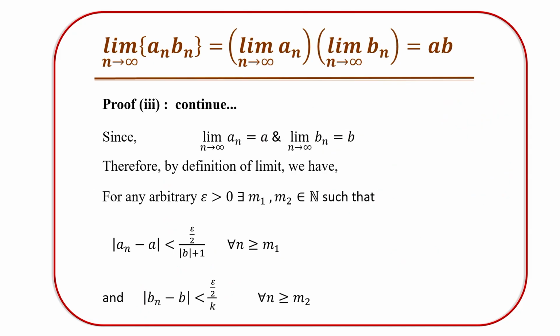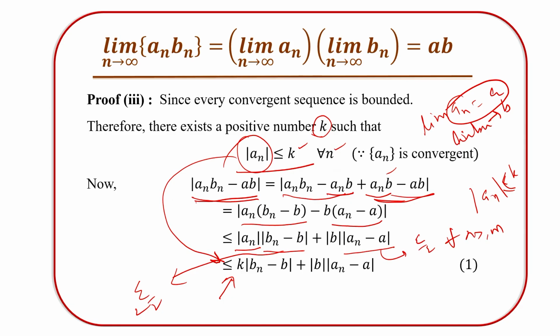Now I am going to use this definition of the limit of the sequences. So for given epsilon greater than 0, there exist two natural numbers m1, m2 such that modulus An minus A is less than epsilon by 2 divided by modulus B plus 1. And this modification is coming out due to this one.